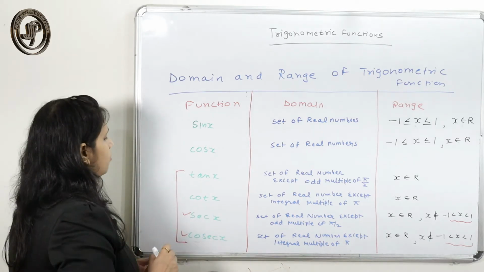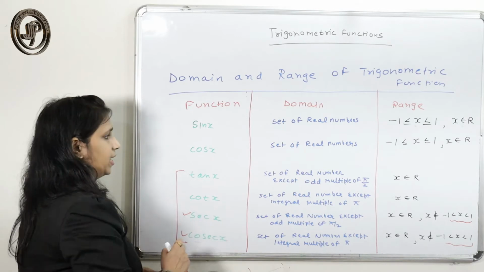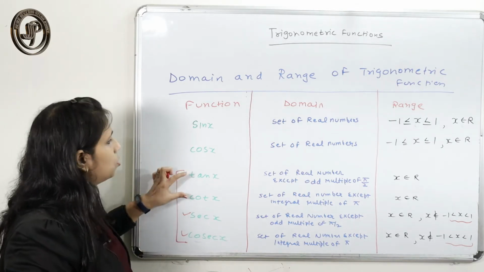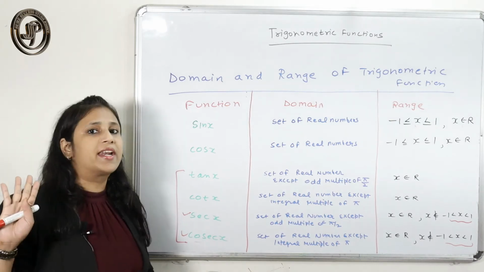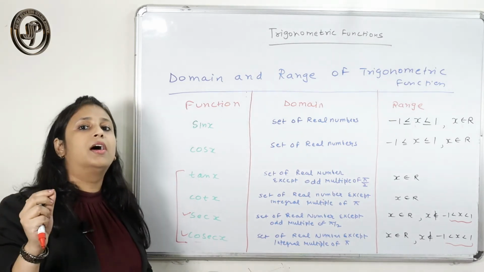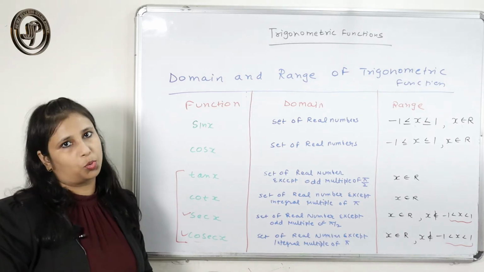That is the range for tan x, cot x, sec x and cosec x. So these two have the range of all real numbers, and these two have the range of all real numbers except the numbers lying between -1 and 1.